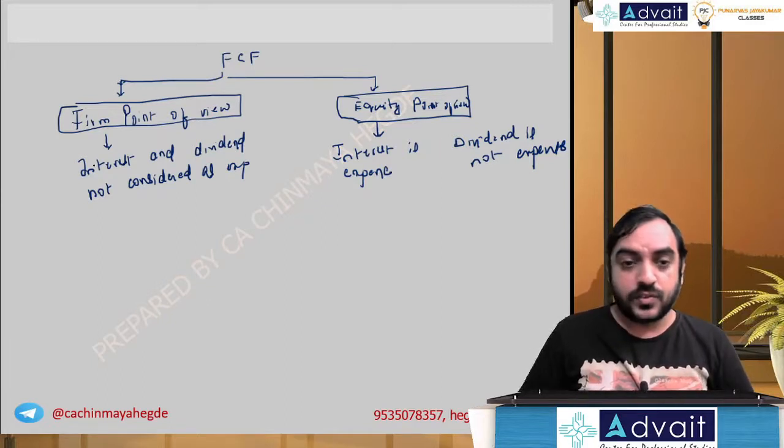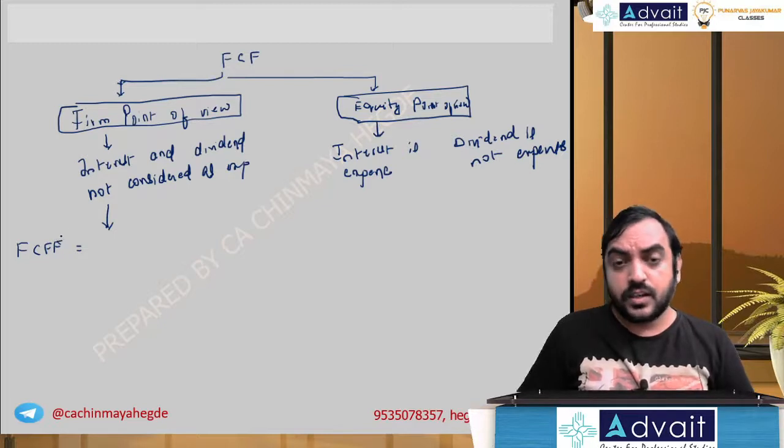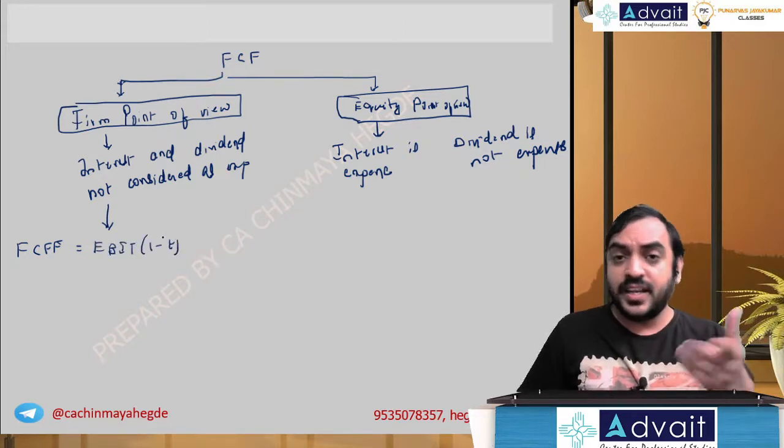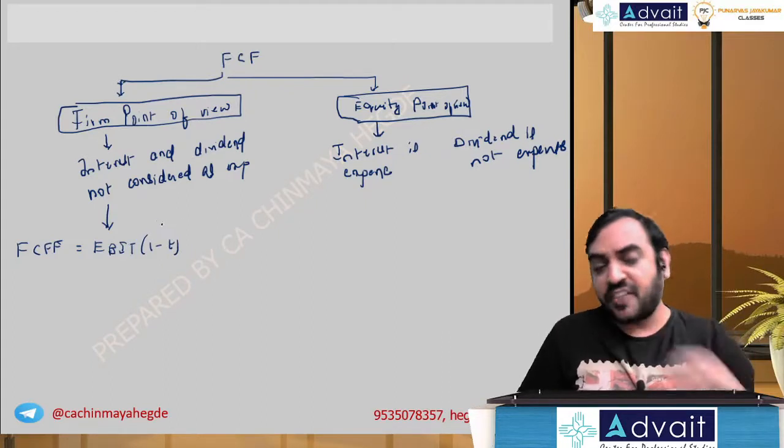Interest is an expense. So FCFF is calculated like this. We don't start with profit after tax. I will do EBIT into 1 minus T. EBIT, you know, is earnings before interest and tax. Don't subtract tax, you do after tax.